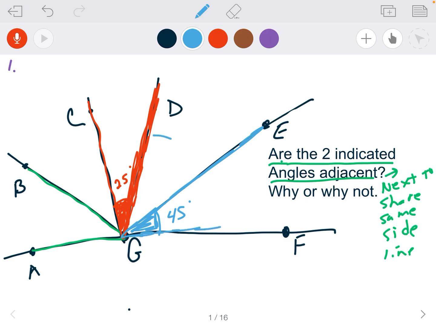All right, this blue, does this side and this side, are they the same? Do they have blue and red on them? Are they touching? Hopefully you said no. I've got another angle in here that's not. So they are not, because they do not share the same side, same ray. That type of question is what you're looking for.